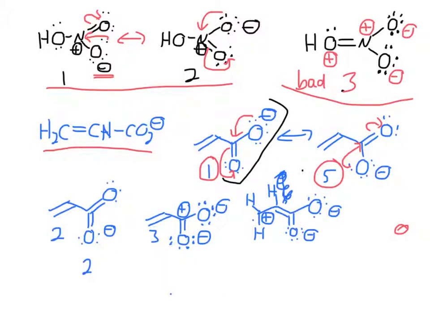In number 1, the oxygen on top is charged next to a double bond, the C double bond O. When we draw the revised resonance structure, we flip the double bond from the bottom oxygen to the top oxygen, and the charge from the top single bonded oxygen to the bottom single bonded oxygen in picture 5. The arrow pushing is illustrated in both of these, for going from 1 to 5 and then from 5 back to 1.